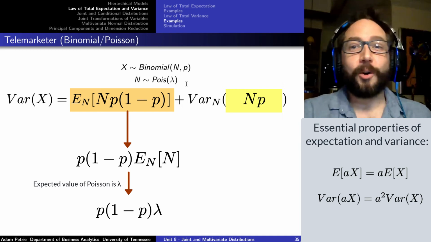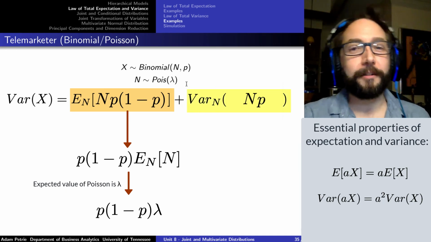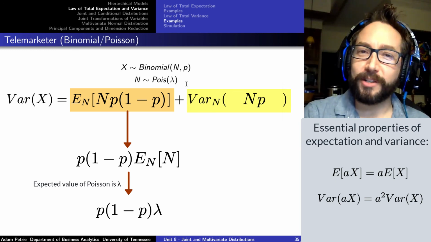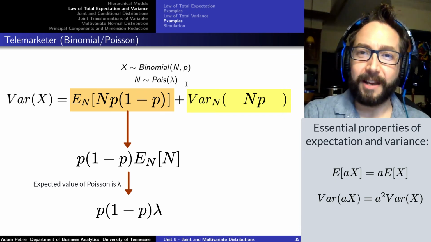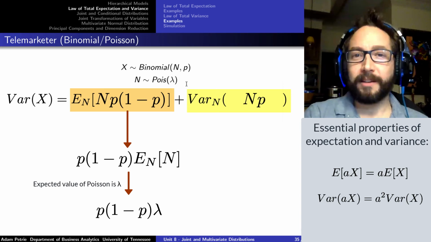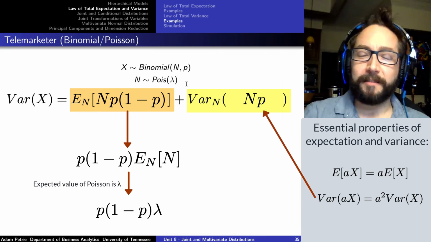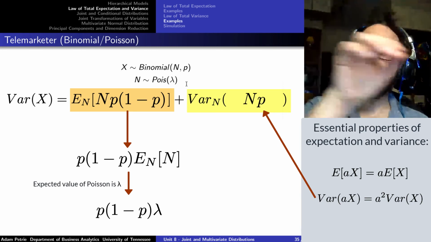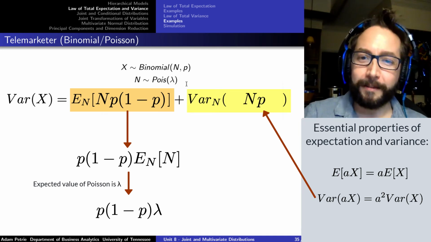Okay, so we also have to go through and say, what's going to be the variance of our formula for the expected value of x? The expected value of x is just n times p, so what's the variance of n times p? In this case, I'm going to exploit the property of the variance that I remember: if I have the variance of a times x, just some number times x, I can take that a in front of the variance, I just have to square it.